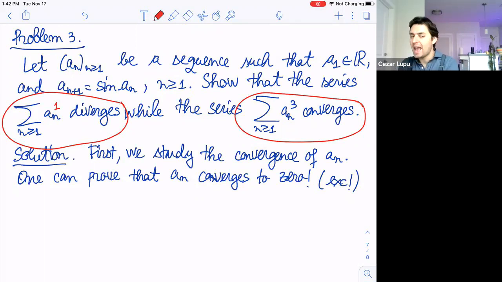So maybe a_n will behave like some kind of a harmonic sequence, right? Like 1 over n to some power, and we have to determine that power. And the way we do this is maybe we should look at this sequence. Maybe a_n is the square root of n times a constant.